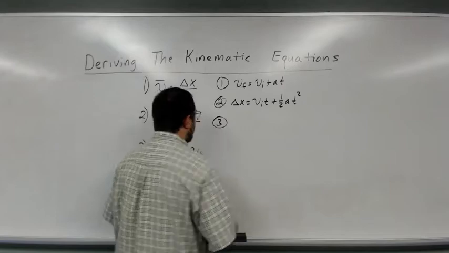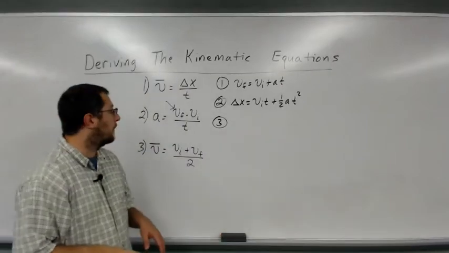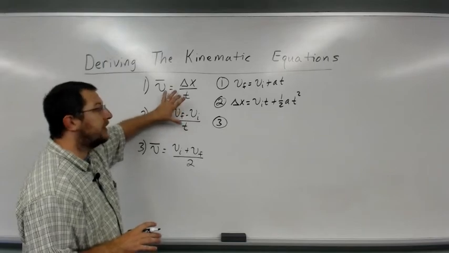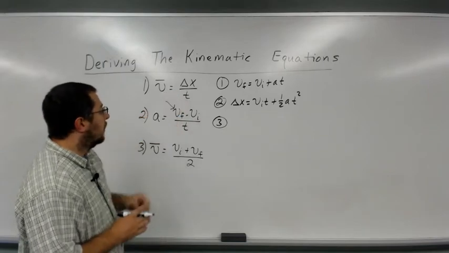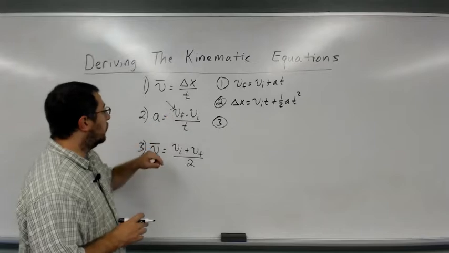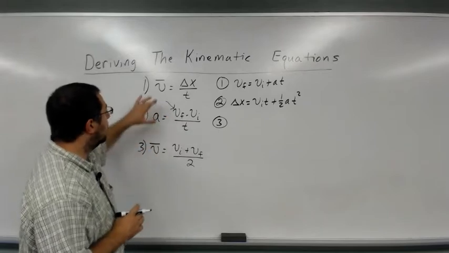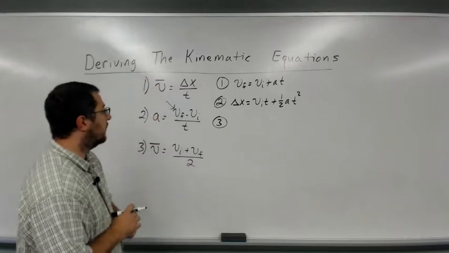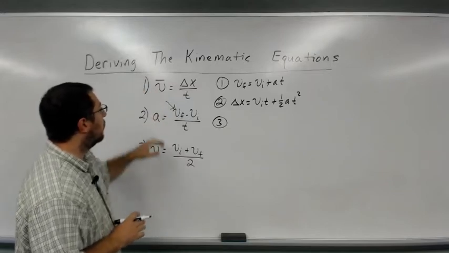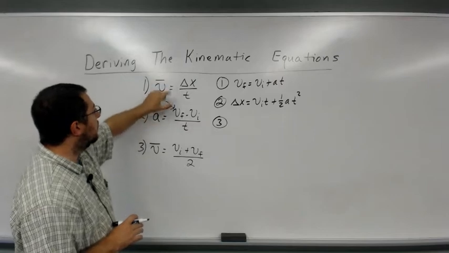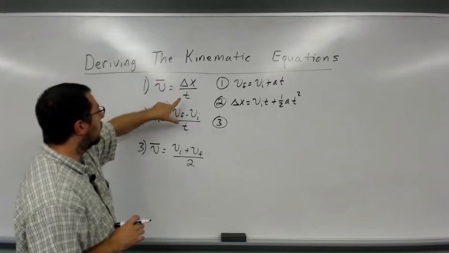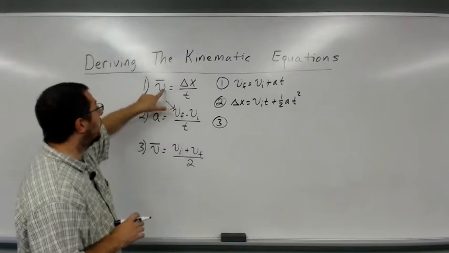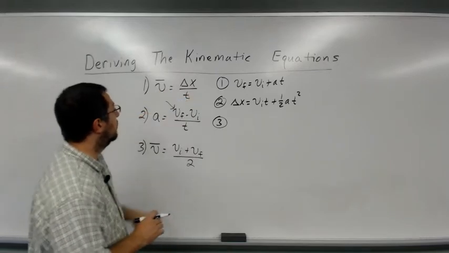And to derive the third equation, what we're going to do now is eliminate t from these two equations. And we're going to eliminate the average velocity as well. So to start, I'm going to put t up here and divide by v average.